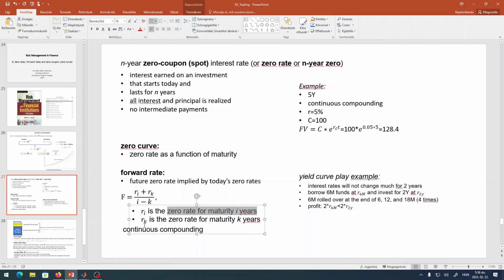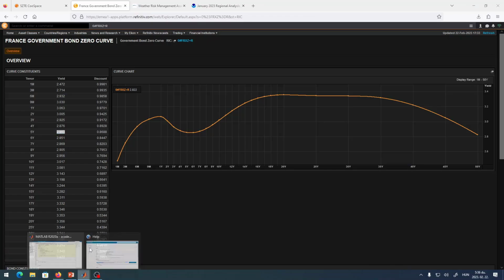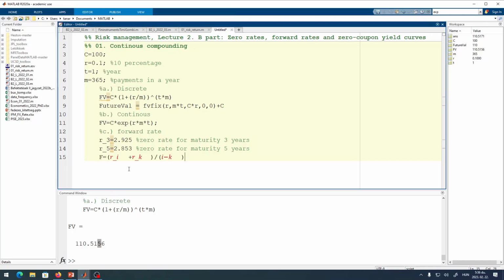So let's take the... What happens if I'm copying this one to Matlab? I mean, what is the level of failure and misery? Looks ugly.